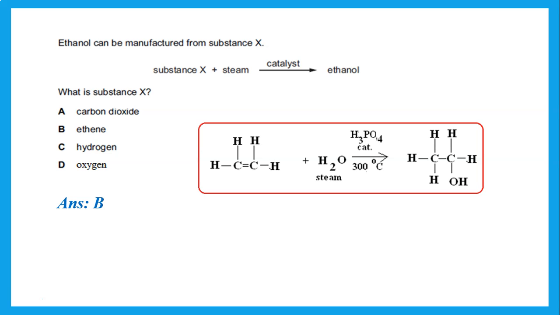That something is ethene. So that when I add water, the double bond opens up and we put an H on one carbon and then OH on the other. Please remember the conditions for hydration of ethene: phosphoric acid catalyst, 300 degrees Celsius.